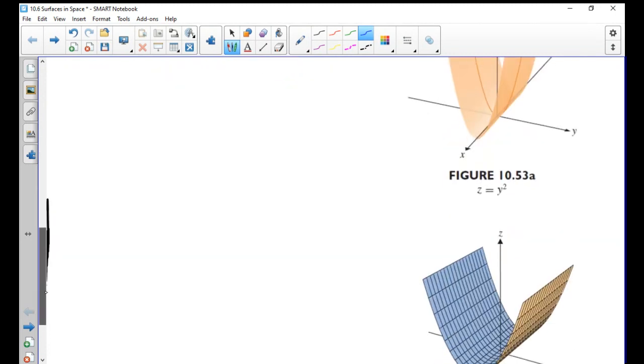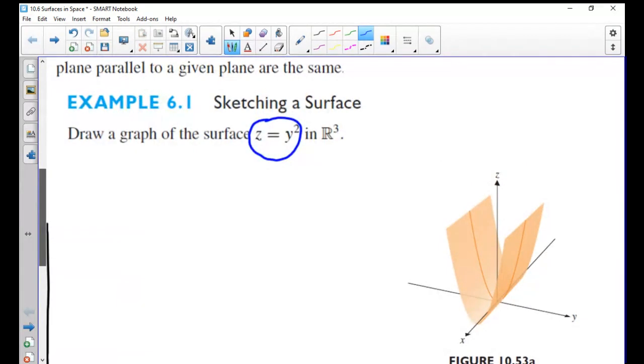You can see it. I think that, yeah, it's this one here. It's this. So this curve is the parabola z equal y squared in the plane yz, like this.